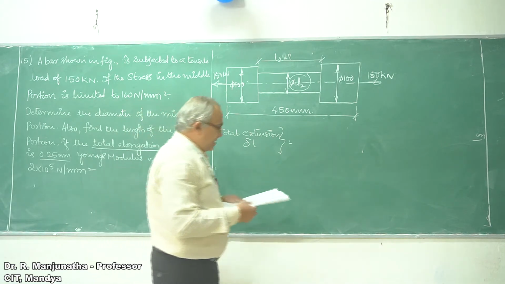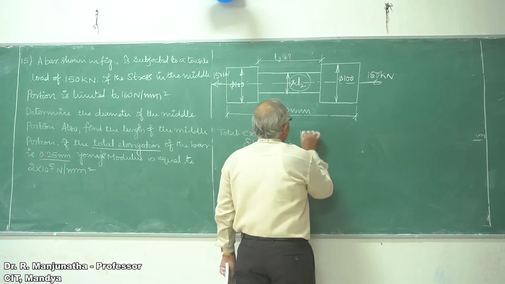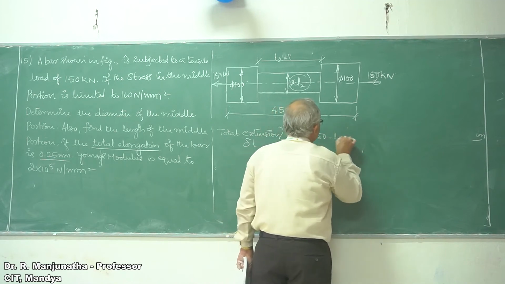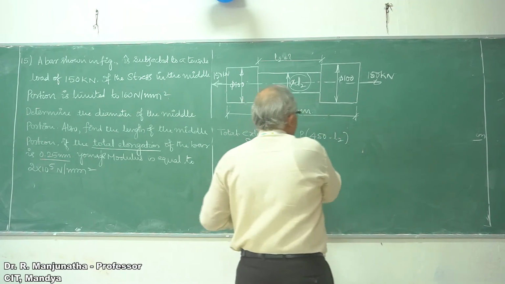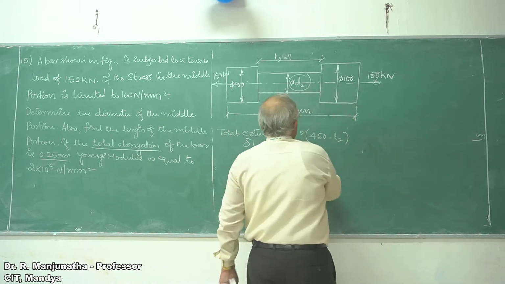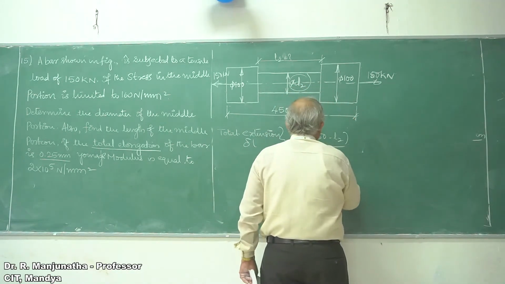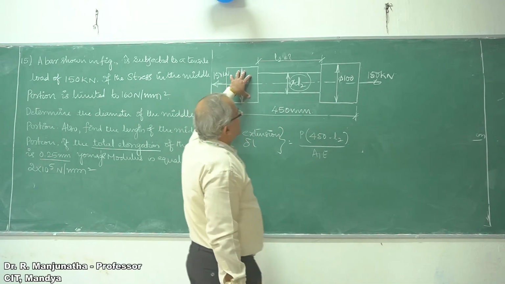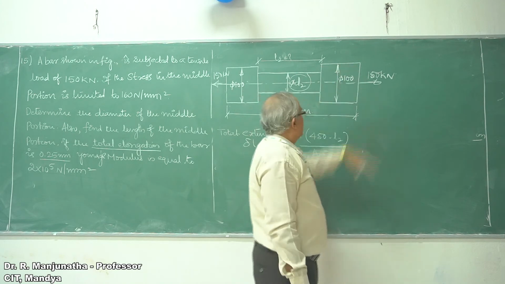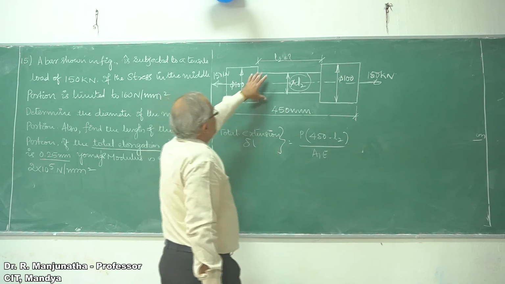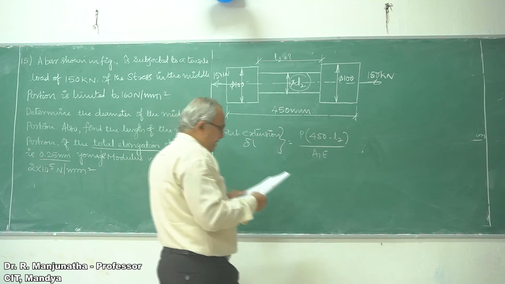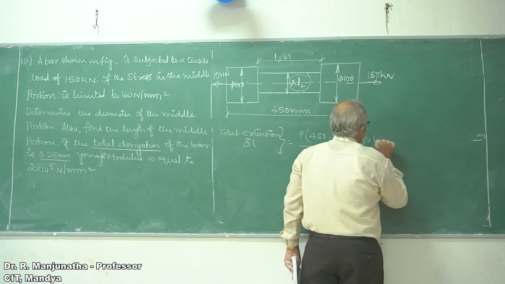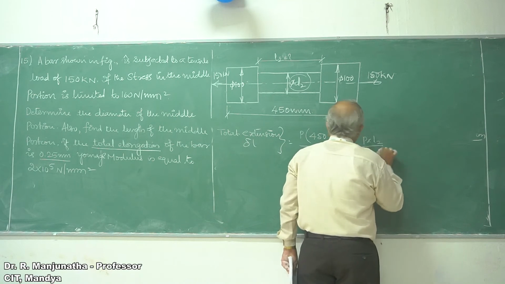So we can take it as P into total length, 450 minus L2, then A1 into E. So this is going to be the total extension of this as well as this, both. Then we have the extension in the middle portion, which will be equal to plus P into L2 into A2 into E.